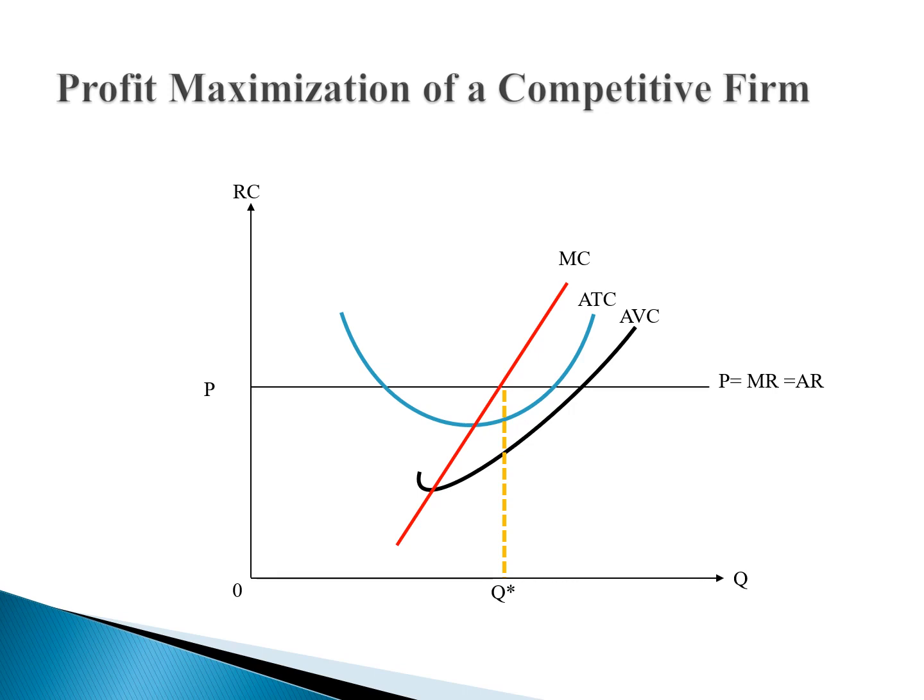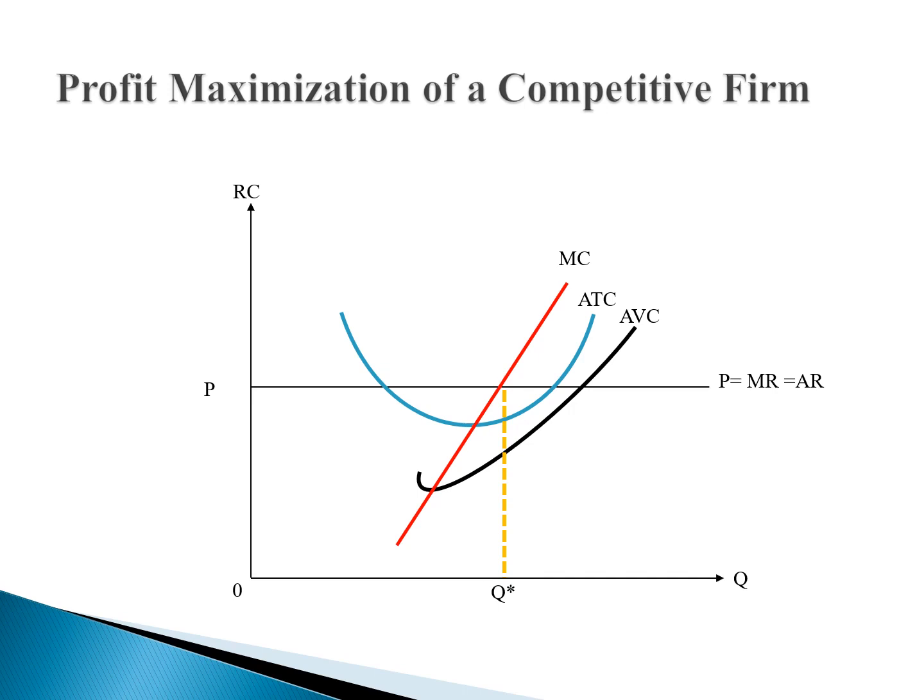You can also see the upward sloping marginal cost curve, and there is also an average total cost curve, and then an average variable cost curve. We need to remember, as you have already learned in your output and cost chapter, that the marginal cost cuts the average total cost and average variable cost at their minimum. So that's how the marginal cost is placed over here.